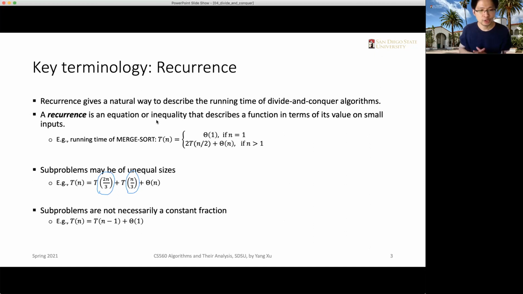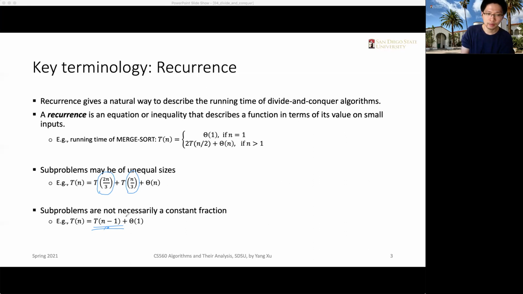And also, in other cases, the subproblems are not necessarily a constant fraction. In some cases, we can get the subproblem by decrementing the size by 1 or by some other constant amounts, which are totally acceptable.